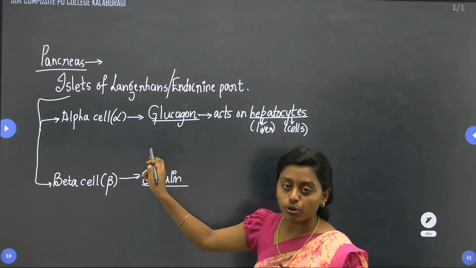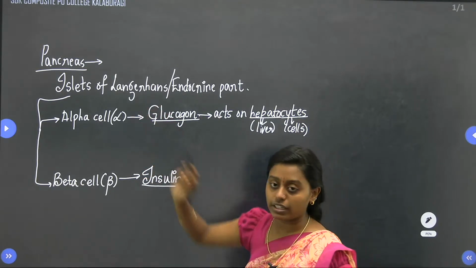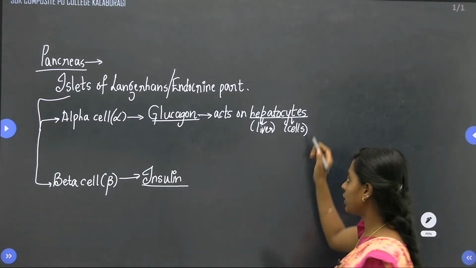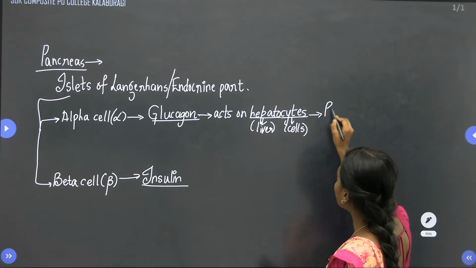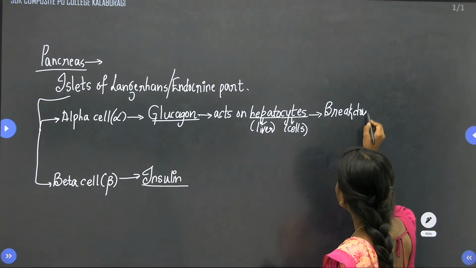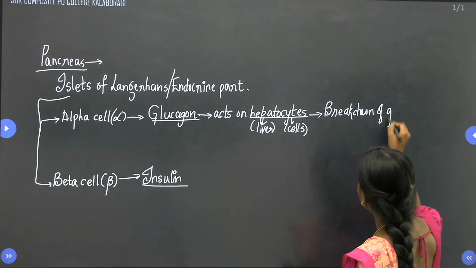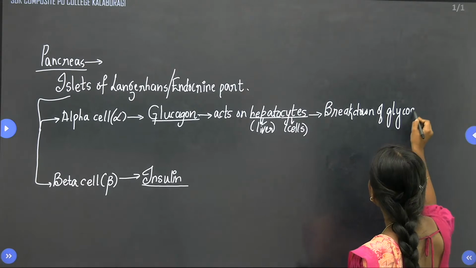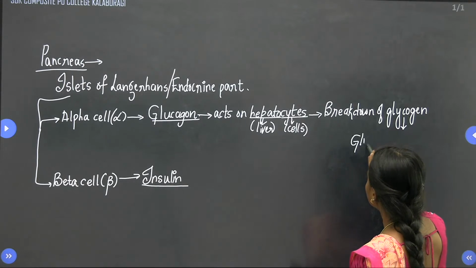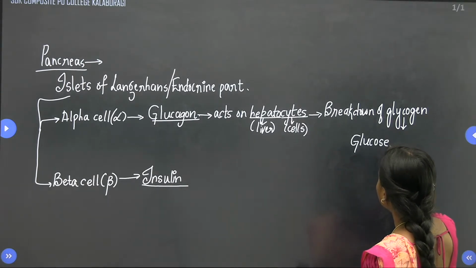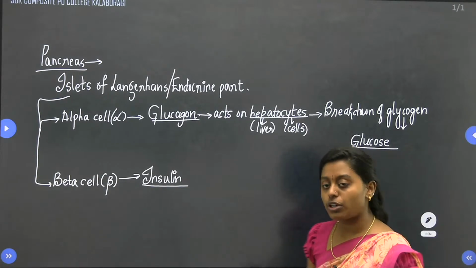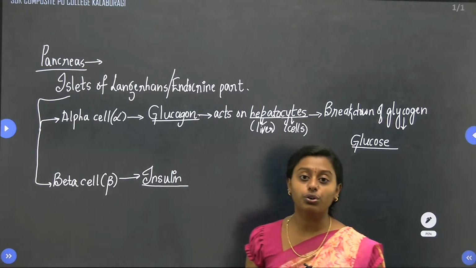The glucagon hormone secreted by the pancreas acts on the cells of the liver, which results in breakdown of glycogen into glucose. Breakdown of glycogen into glucose is the function performed by the hormone glucagon.